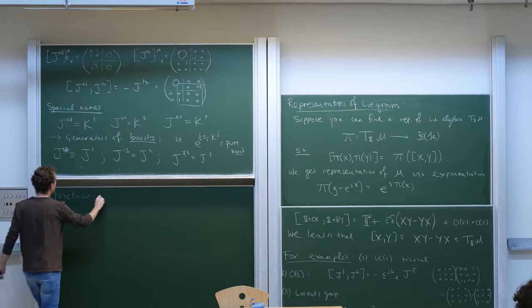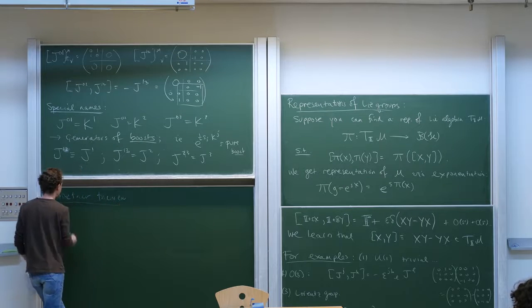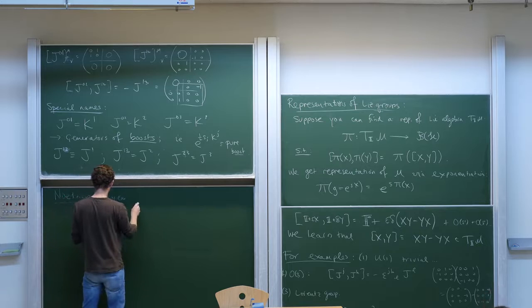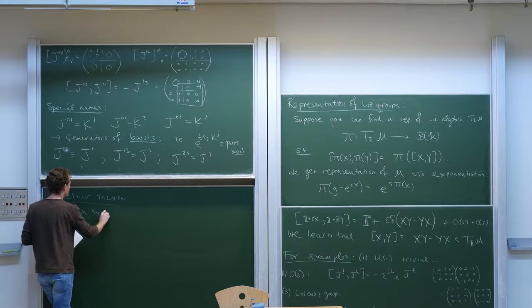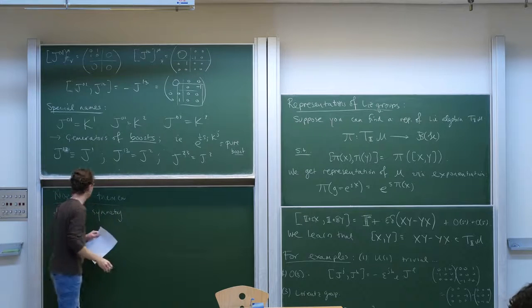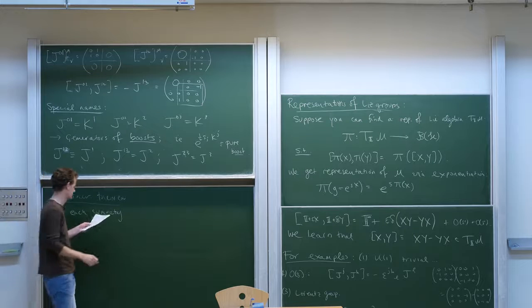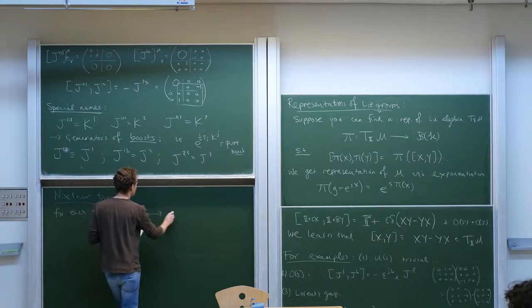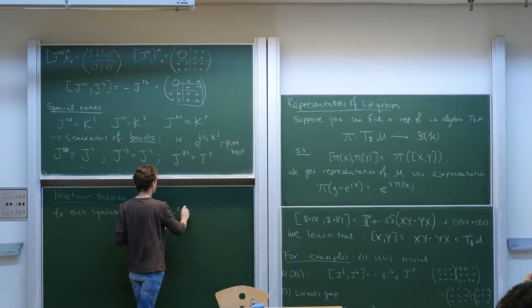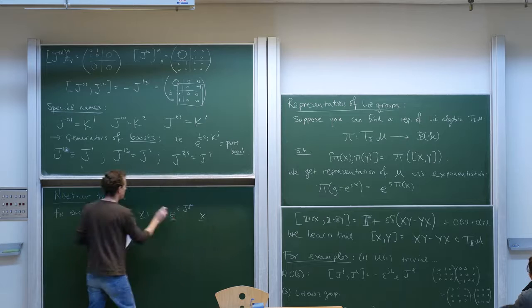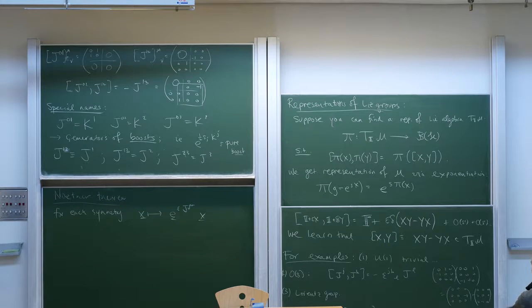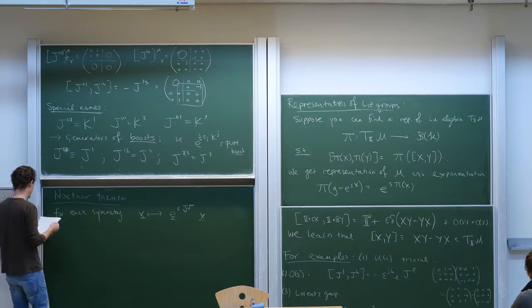So Noether theorem: for each symmetry of the field, X gets mapped to e to the epsilon some generator. So for each of these infinitesimal Lorentz transformations, there's a corresponding conserved current.